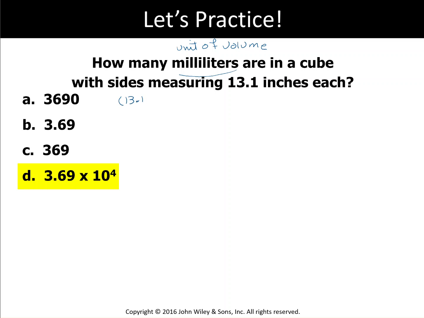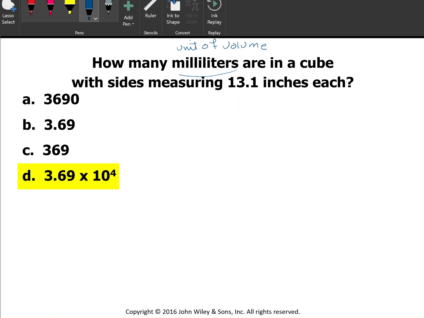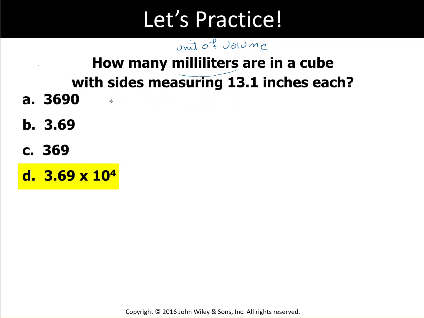So for the volume of the box, 13.1 inch times 13.1 inch times 13.1 inch, and this answer is going to be in cubic inches. So the answer is going to be 2.25 times 10 to the 3 cubic inches.